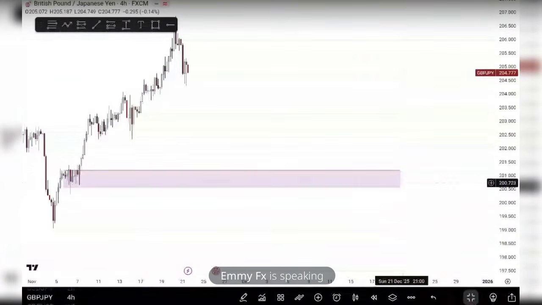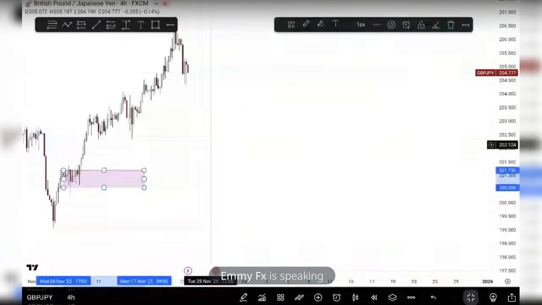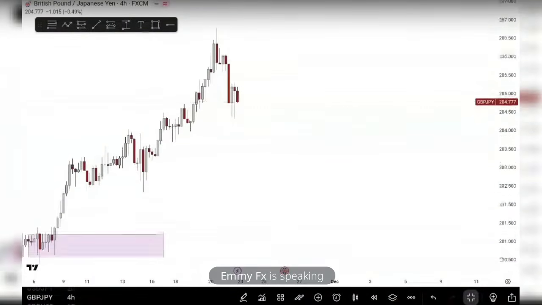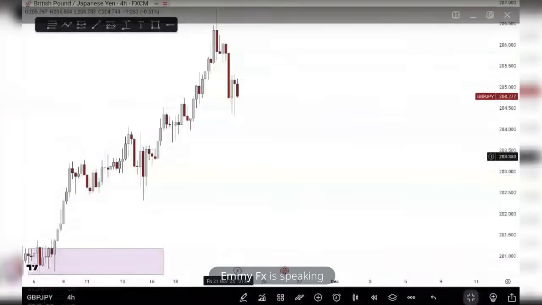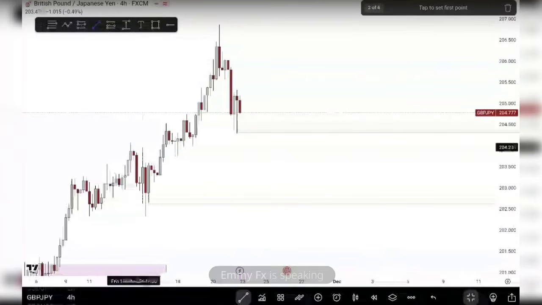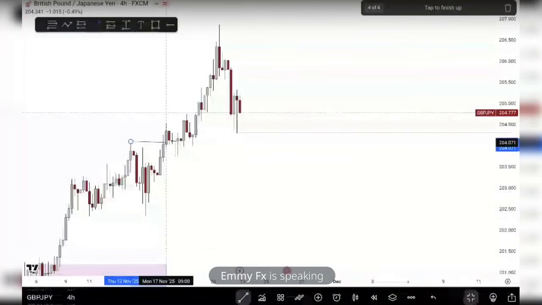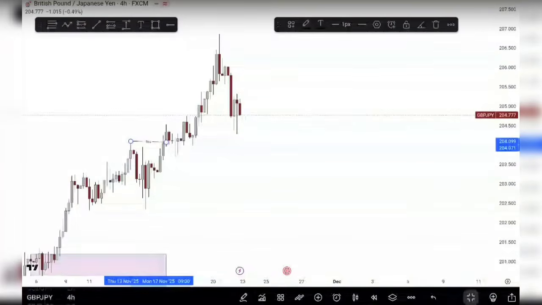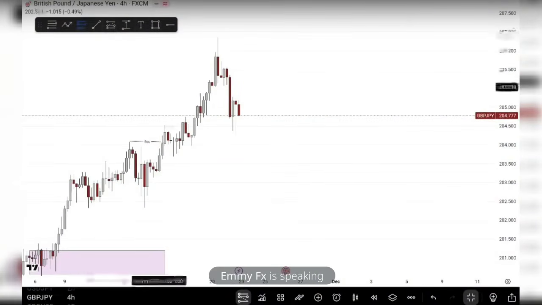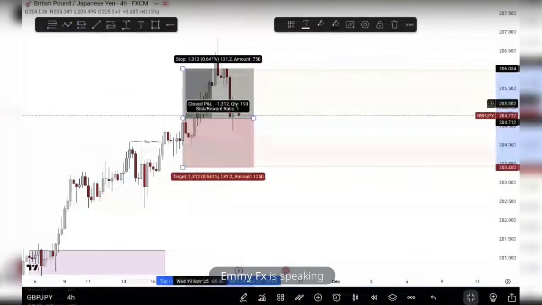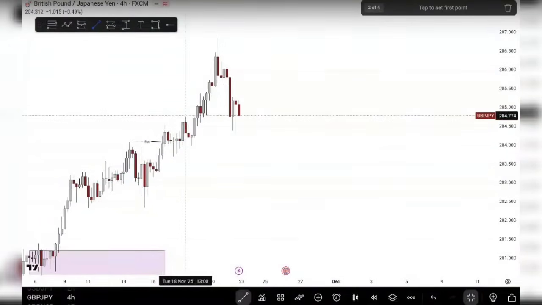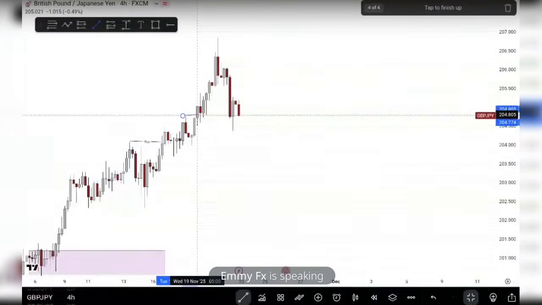In our 4 hour time frame, price is far from this one. We also have this break of structure.